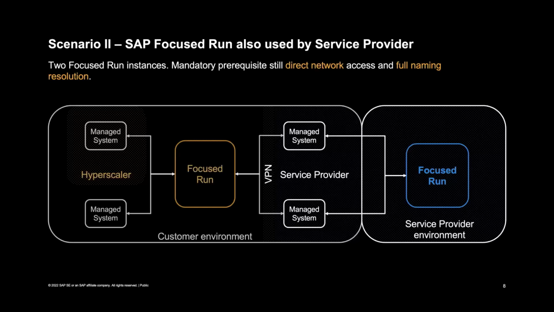Both systems can be connected to the same managed components. I already explained we have some shared components which need some special considerations. And of course, in such a scenario, there are some alignments necessary, which I will explain later on, what kind of alignments you have to consider and where you have to regularly align with your service provider.